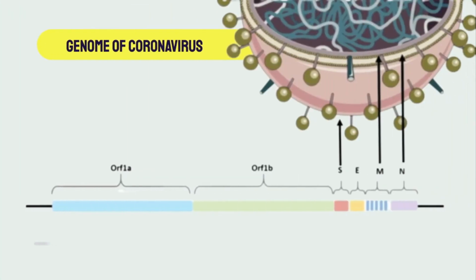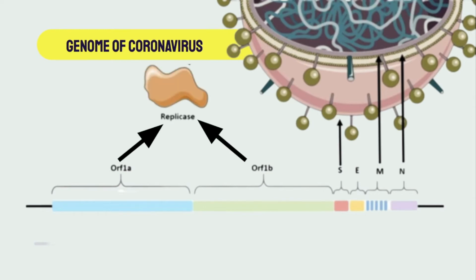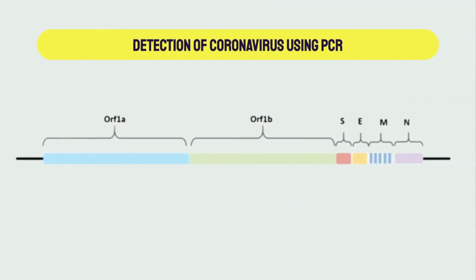The most important protein that the virus needs for its survival is encoded in the ORF1a and ORF1b, which function for the virus replication process. There are two target genes identified in the ORF region, which are the RdRp gene and the E gene. Apart from that, we can also use the N gene for the identification process.